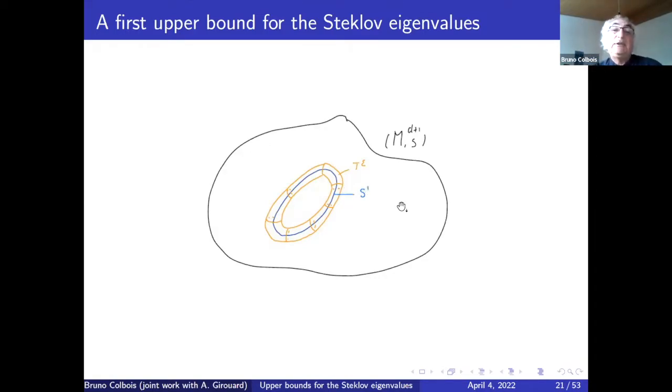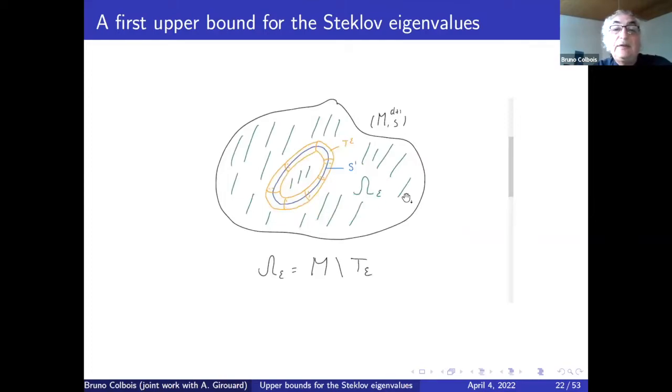So the manifold with boundary that you consider is the complement of this tubular neighborhood. The boundary of omega epsilon is the boundary of the tubular neighborhood. And what is not obvious a priori is that when you do this, the first eigenvalue of the Steklov goes to infinity, and she can tell much more, but it's enough for my example.